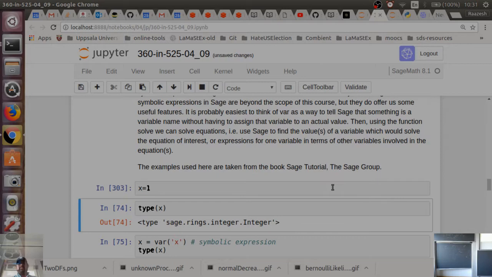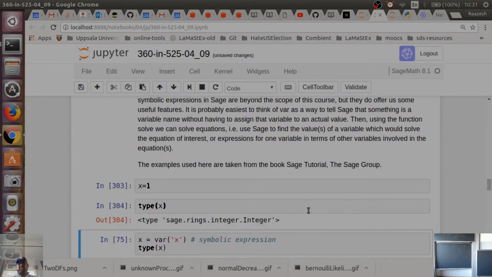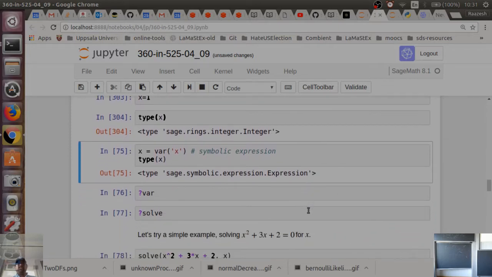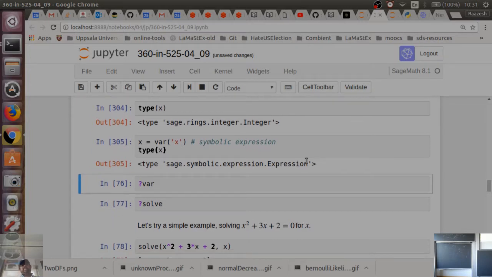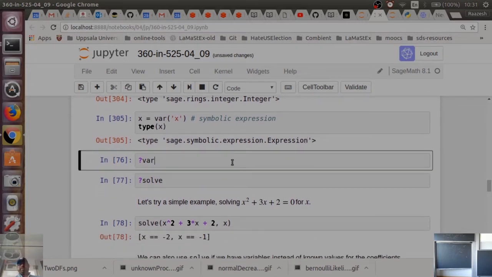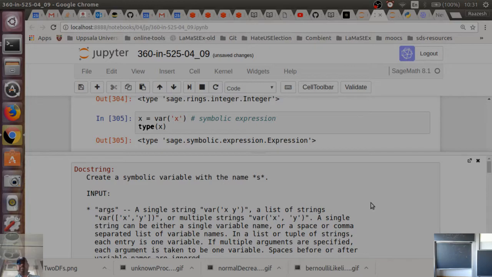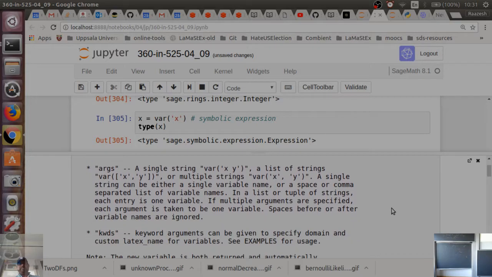So let's say x is 1. We know that this is going to be of Sage types, like integer rings. But then if you do var x, this is going to be a symbolic expression, right? We briefly saw this, and you can check out the help for var. It's a symbolic variable with a name.